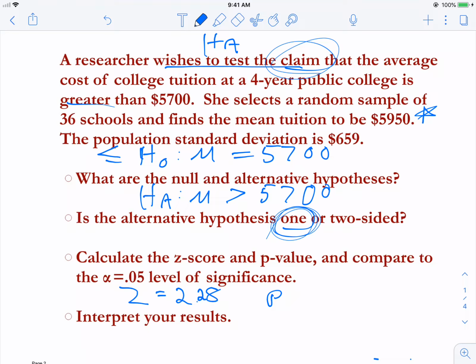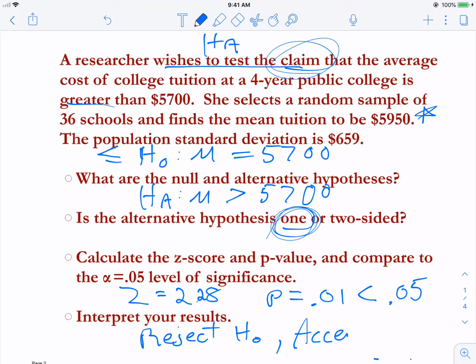And our p-value was about 0.01. Okay, and this was a one-sided, so that stays the same. The calculator would do that for us anyway, so that is less than 0.05. So that means we reject the null and accept the alternative. Okay? And in plain words, that would mean that we do have evidence that this mean tuition, this average tuition, is actually greater than the 5,700, okay, that was advertised.